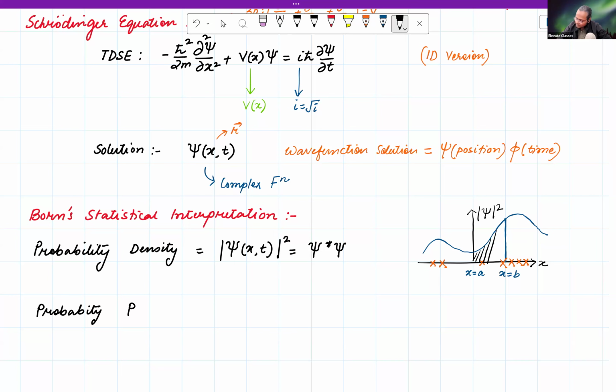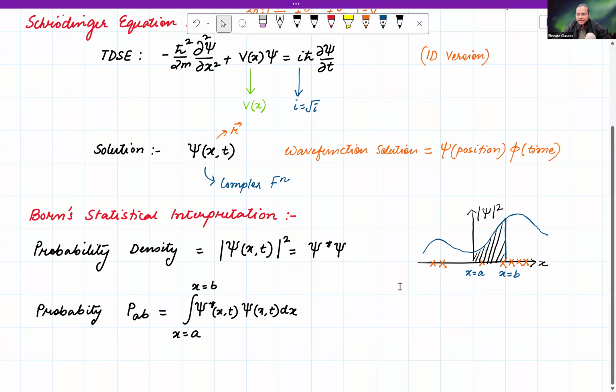That is simply coming from the area under the curve. So P_ab is simply nothing but you integrate psi mod square with respect to position from x equal to a to x equal to b. This is the Born statistical interpretation.